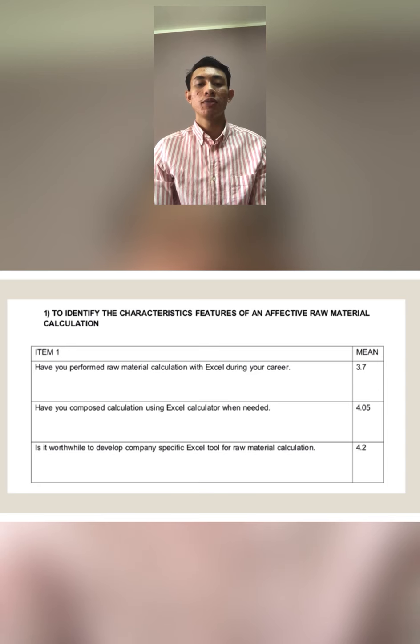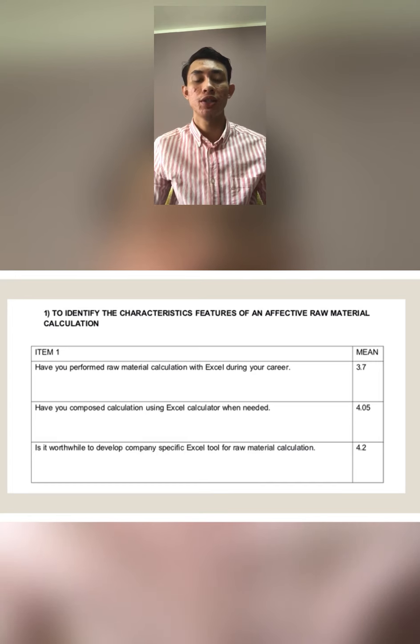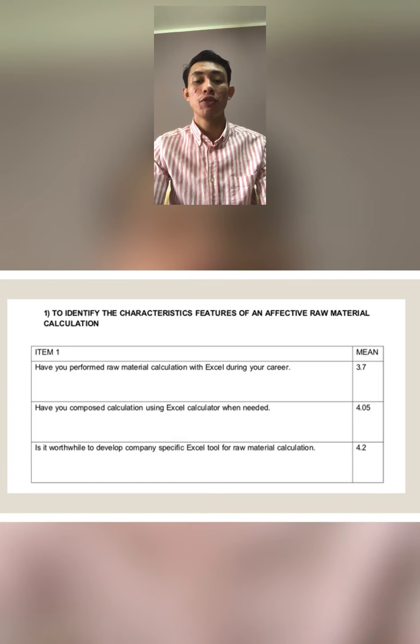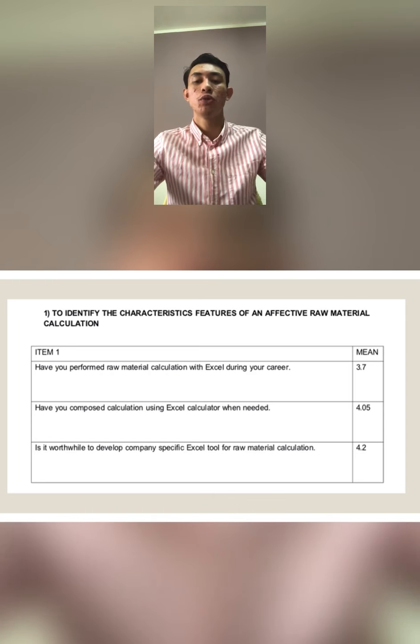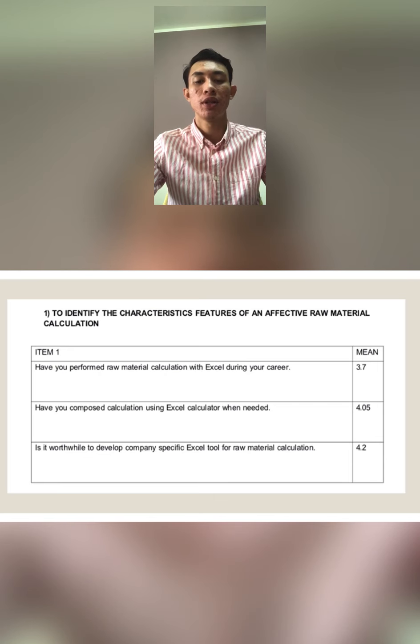First graph is to identify the characteristics and features of an effective raw material calculation. Based on the first objective, the highest mean recorded is 4.2, to develop a company-specific Excel tool for raw material calculation, while the lowest mean is 3.7: they have not performed raw material calculation in their career.